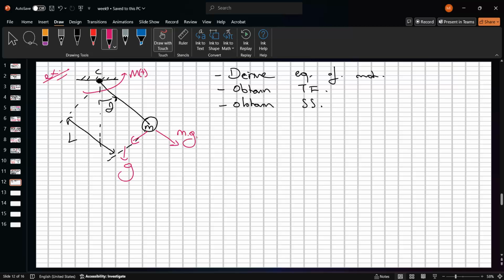Yes, mg cos theta, and this is mg sin theta, right? But this one is parallel with the L, which means there's no moment coming from this force. But this one is effective because we have the perpendicular relation here.